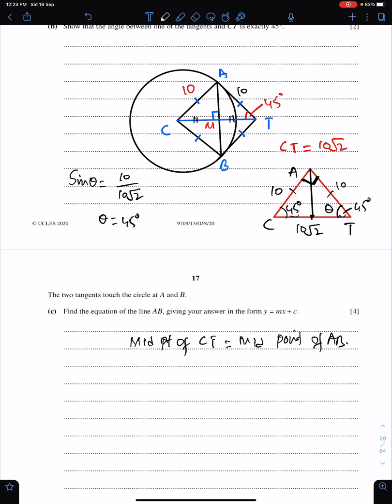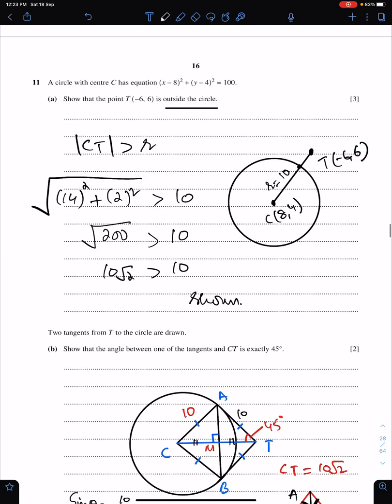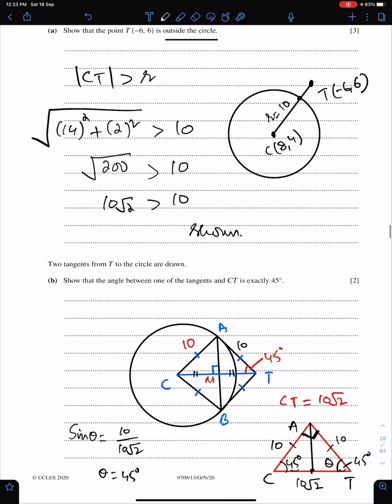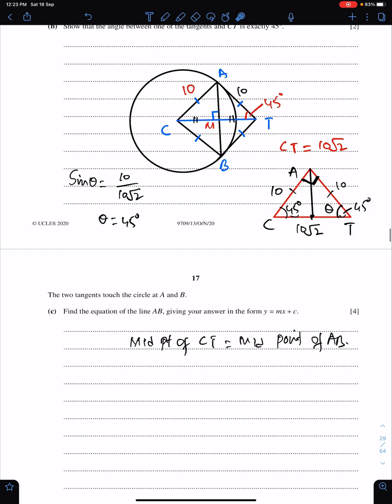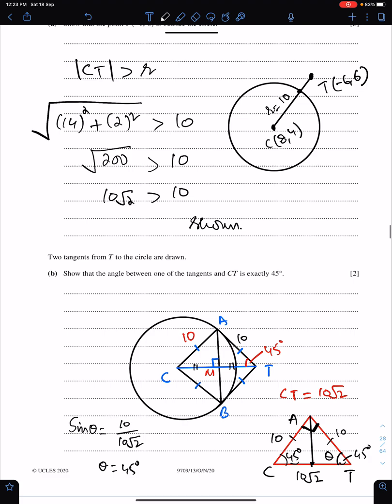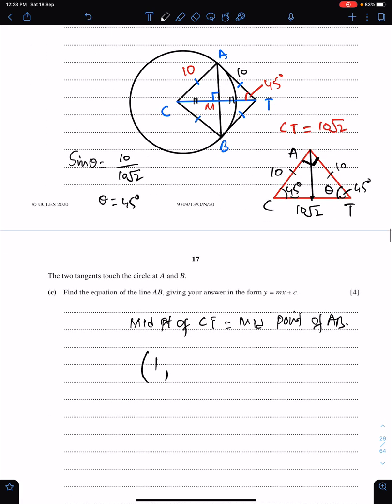So the midpoint of CT would be, we have C, we have T, so we can get the midpoint. It should be 8 minus 6 upon 2, that means 1, comma 4 plus 6 upon 2, 5. So we have got the midpoint of AB.